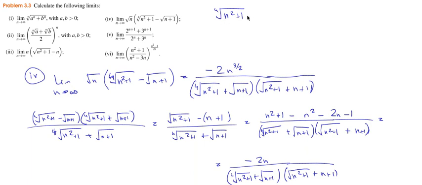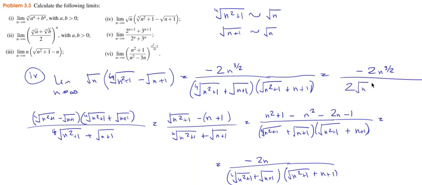This is asymptotically equivalent to the fourth root of n squared, which is in other words, this is the square root of n, right? And the square root of n plus 1 is asymptotically equivalent to the square root of n, right? So this thing is asymptotically equivalent to, let me write it here, 2 times the square root of n, right?